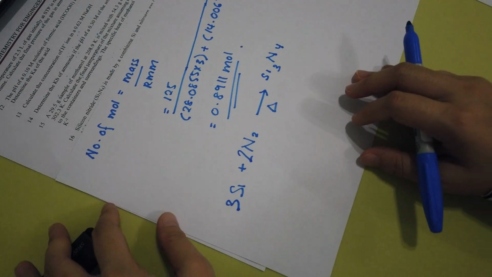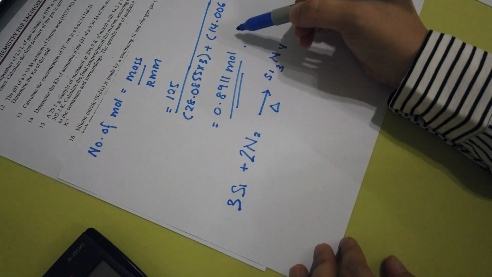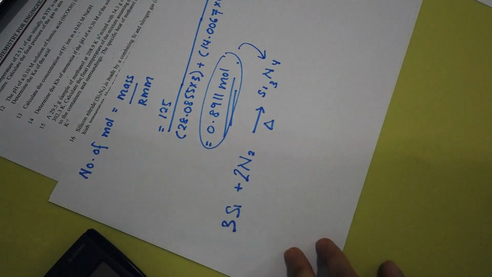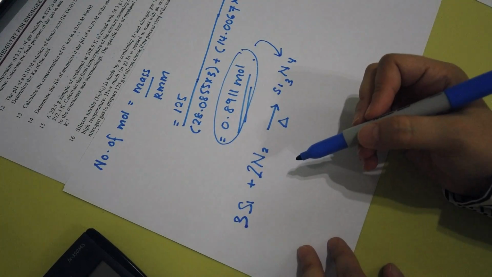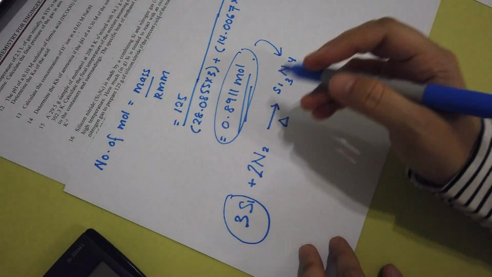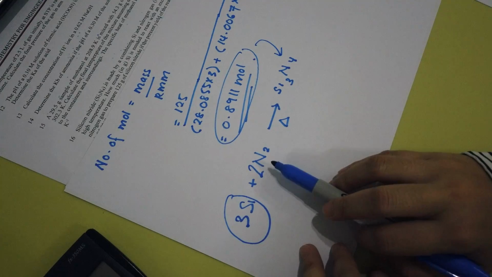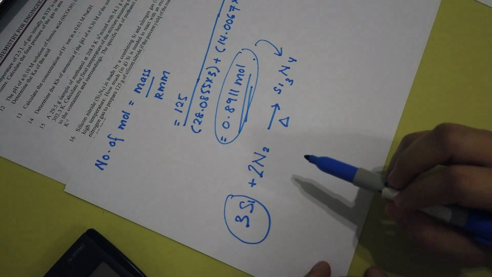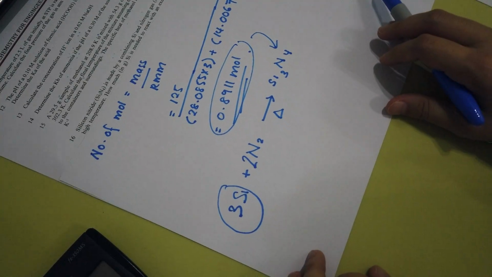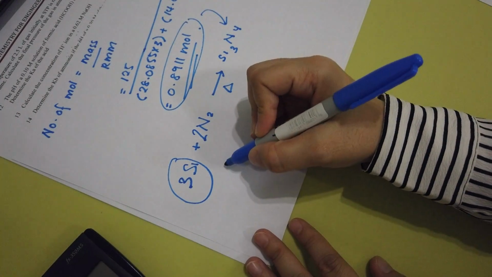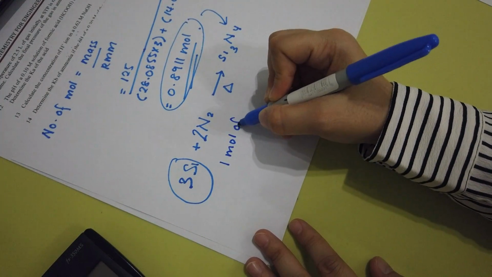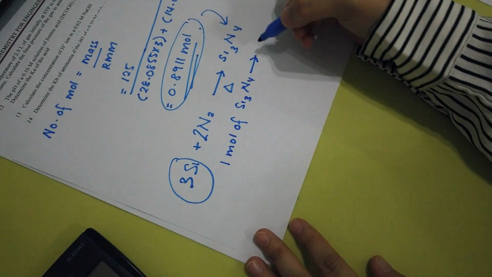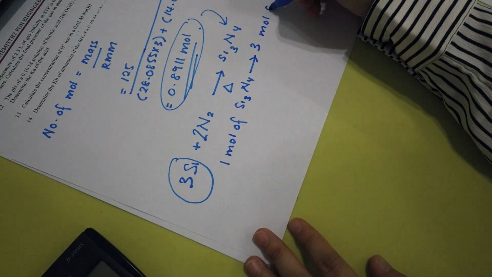So the next thing you need to do is, this is the number of mole of the product. So the question asks you to calculate what is the mass of silica, provided that this nitrogen is in excess. So it means that this silica is your limiting reagent, not the nitrogen. So 1 mole of Si3N4 will be produced if you have 3 mole of silica.